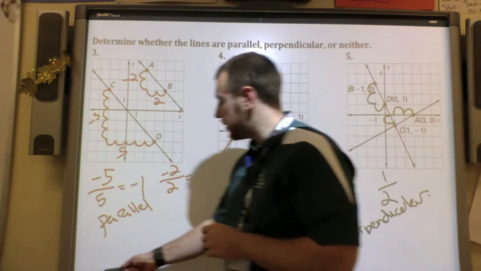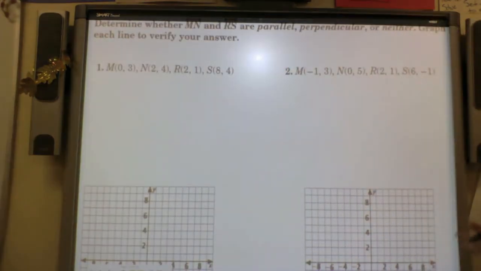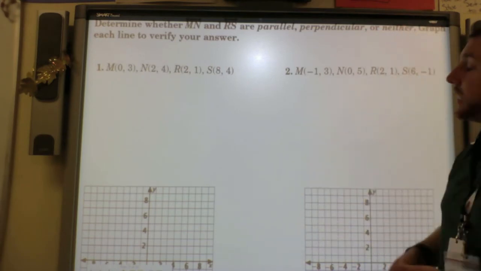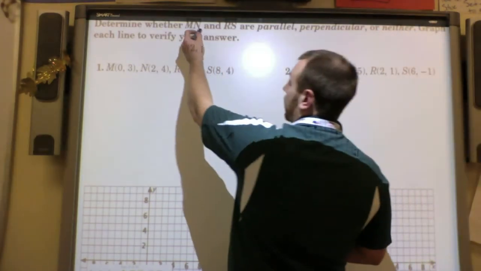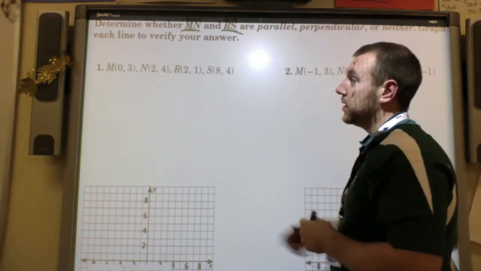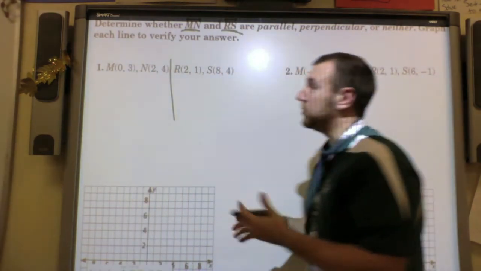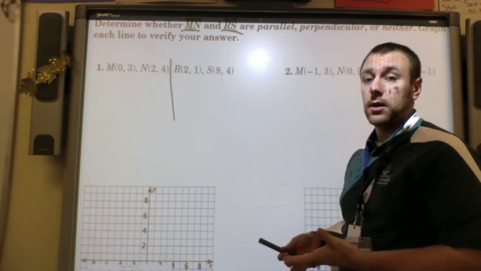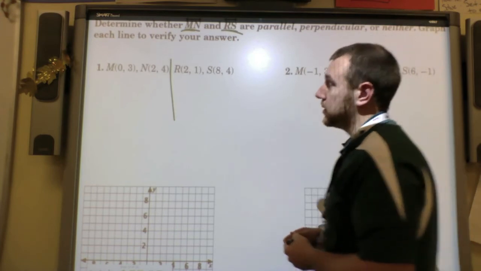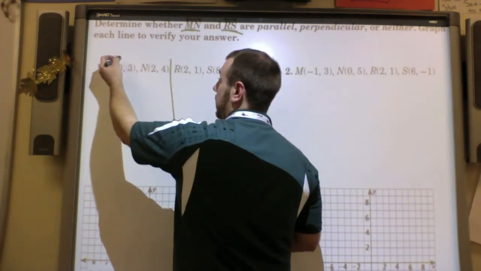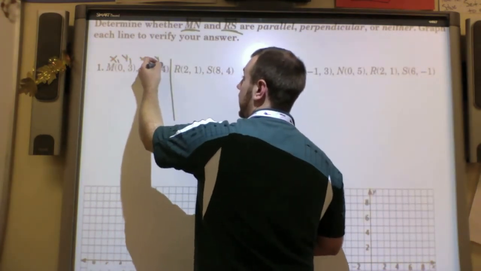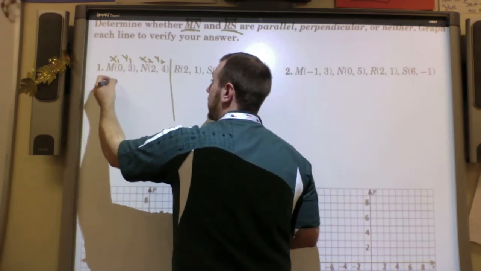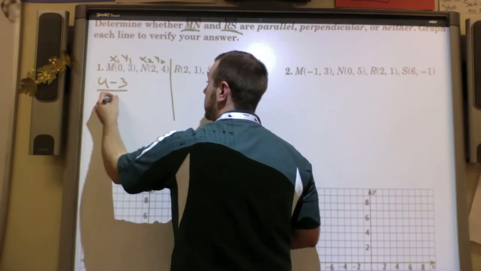Okay, and then the last two examples are, again, deciding if they are parallel, perpendicular, or neither. And the trick with this is they ask you for MN and RS. So MN and RS, you literally split this equation into two things, and you find the slope of the 2 points. So x1, y1, x2, y2. Find the slope between these 2 points. 4 minus 3 over 2 minus 0.